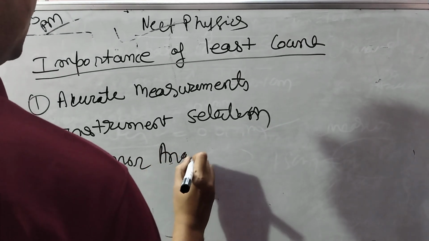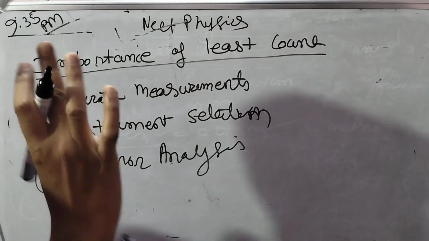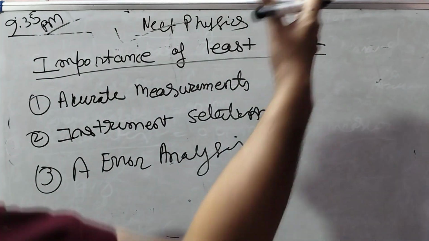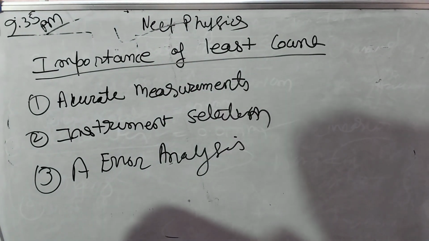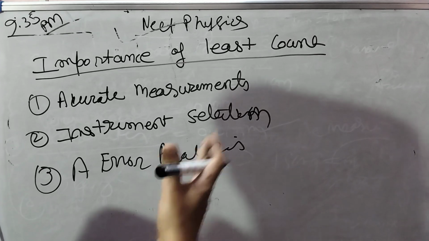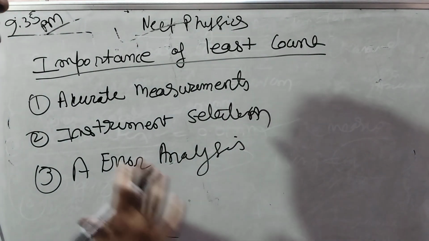The importance of least count is accurate measurement: ruler 0.1 mm, vernier caliper 0.1 mm, and micrometer 0.01 mm. This is accurate measurement.